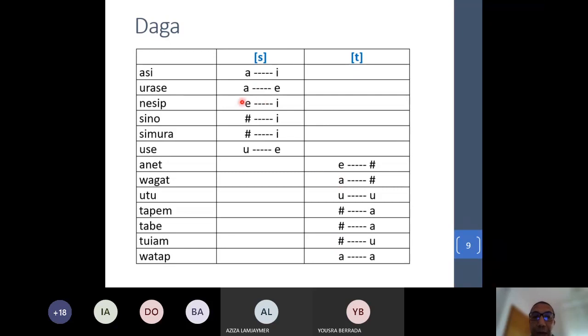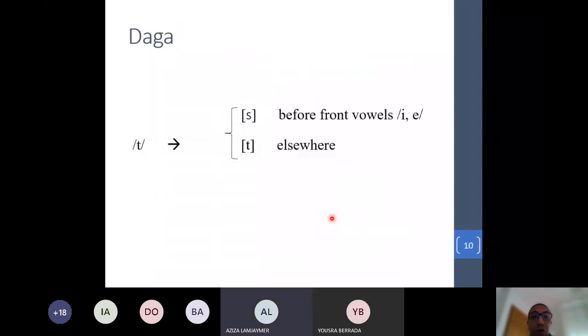So the left environment doesn't determine the distribution of these sounds because it is overlapping. They have the same environment.